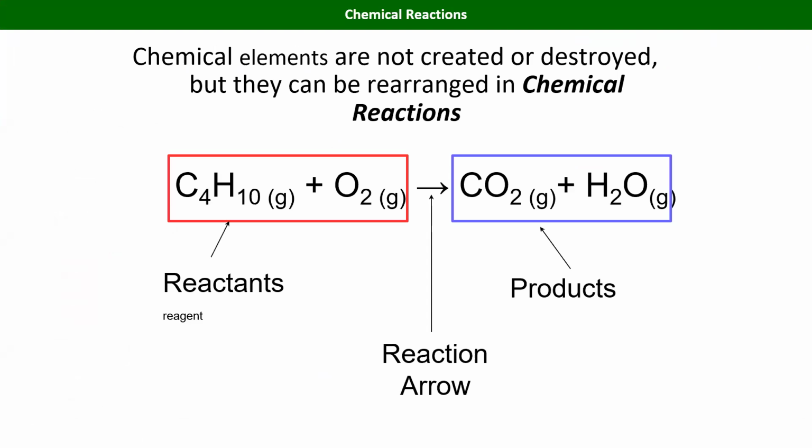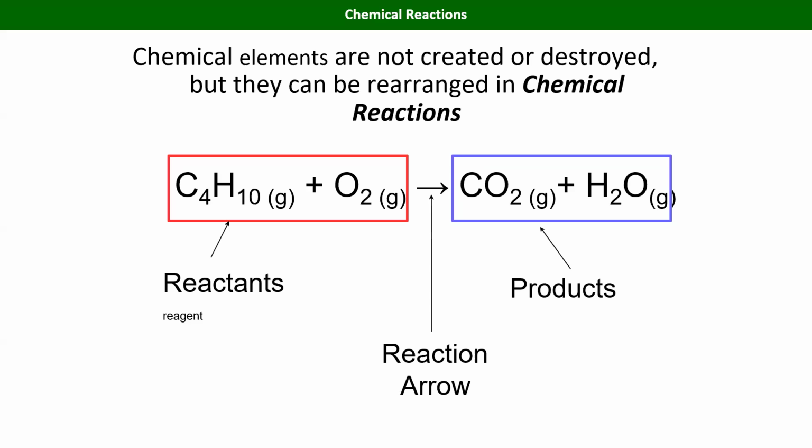We've talked about how chemical elements and atoms in general, part of that original definition of atomic theory, was that atoms cannot be created or destroyed. They can just be rearranged. We now know that's not strictly true when we start getting into nuclear reactions, but we're not there yet. So for our purposes, for now, atoms cannot be created or destroyed.